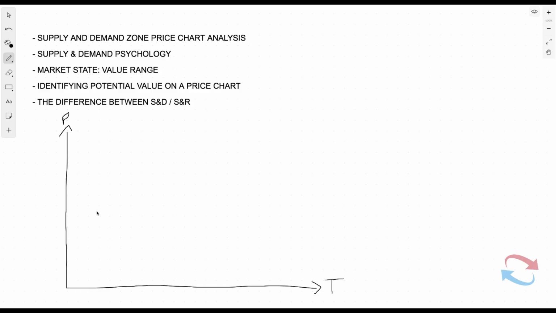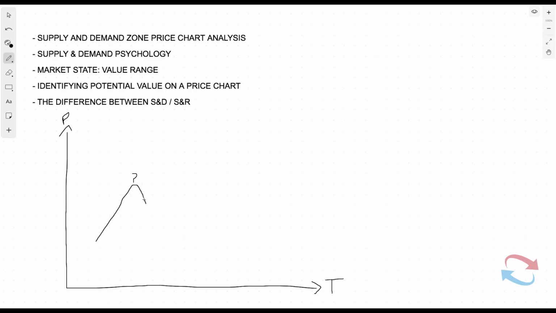So now that the chart is cleared, the difference between supply and demand and support and resistance. Really, support and resistance is supply and demand zones that have been projected into the future. So in my previous example, we had a move up and we had a move down. Now, we don't know whether this is a strong area of supply.